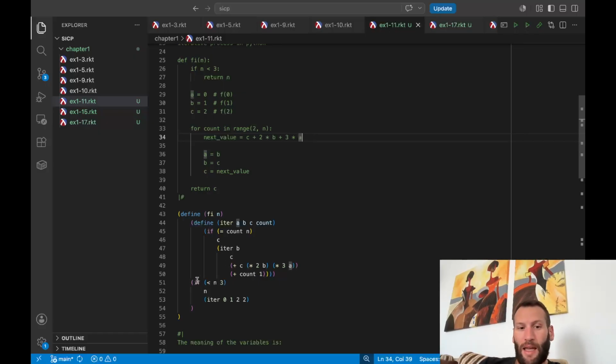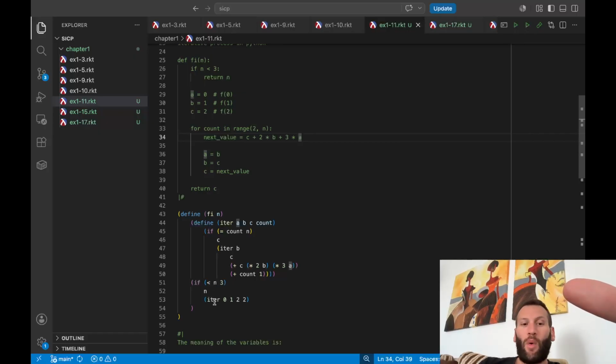Then, in the body of the main definition, so in the definition of fi, we have a stopping condition, so that if n is less than 3, we return n.